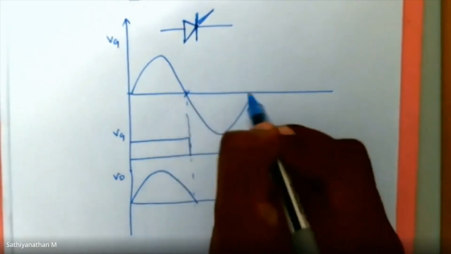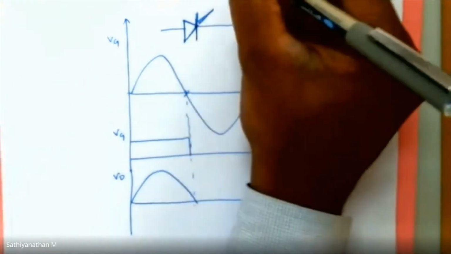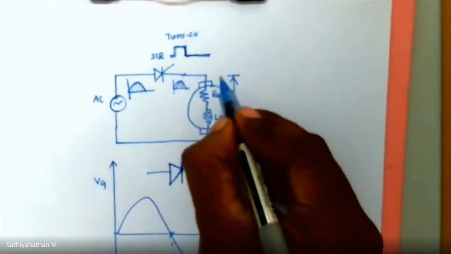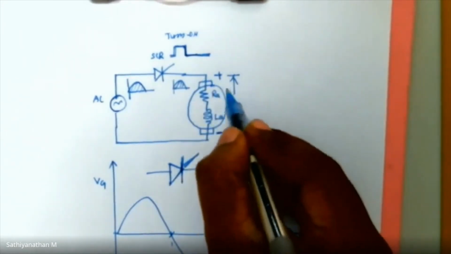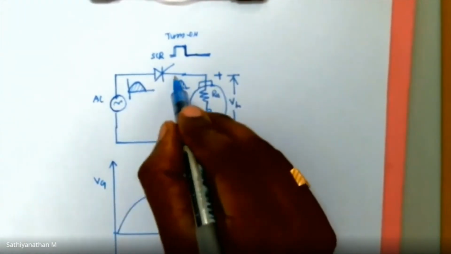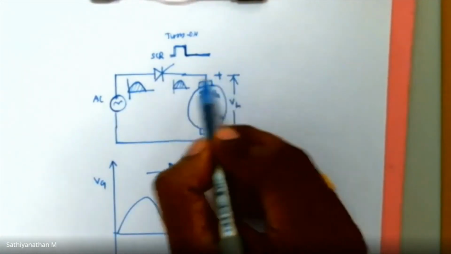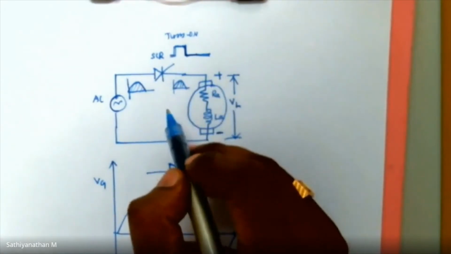So during negative half cycle, it should block. But due to this inductive energy, the VL is now opposite to your actual supply.